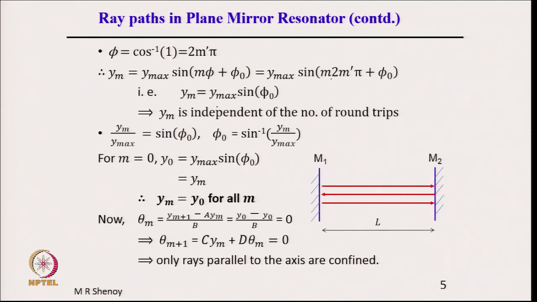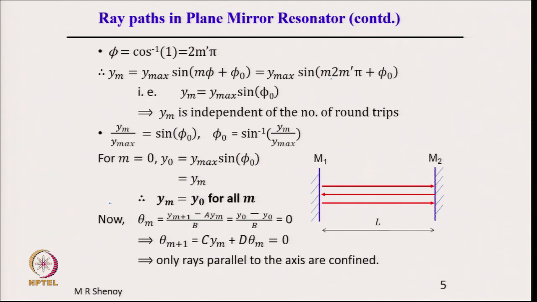Note that y m on the right hand side is independent of m, y m is independent of the number of round trips. So, we have y m by y max equal to sin phi 0, and therefore, phi 0 we know now, and for m is equal to 0, y 0 is equal to y max sin phi 0 equal to y m.